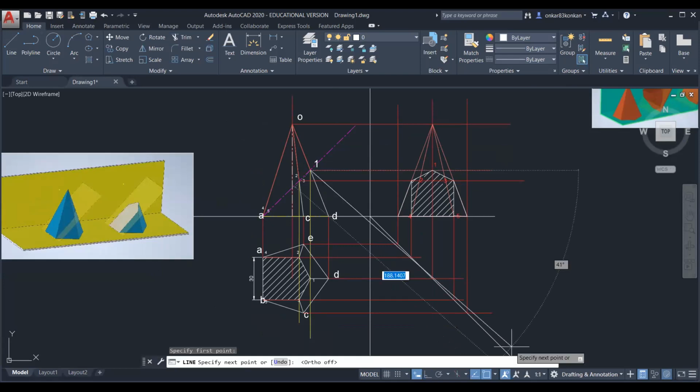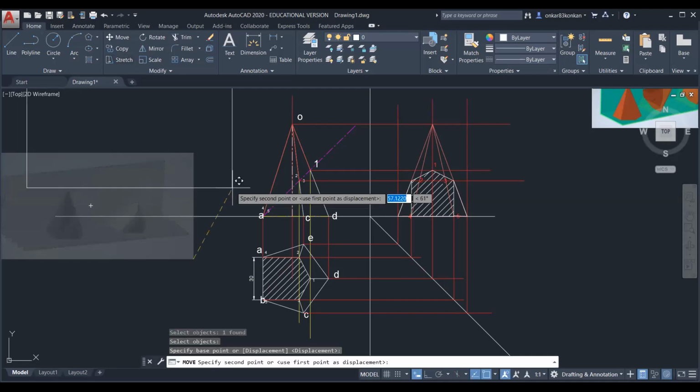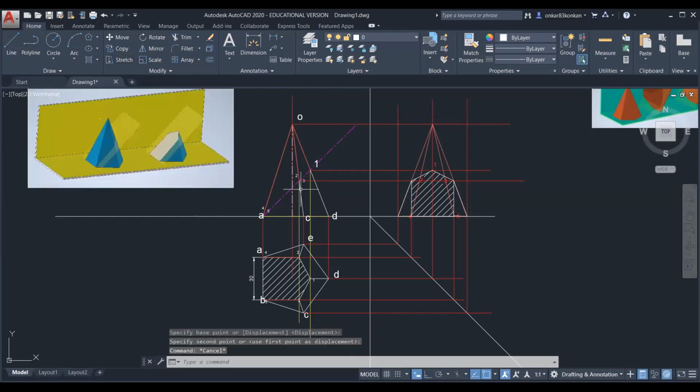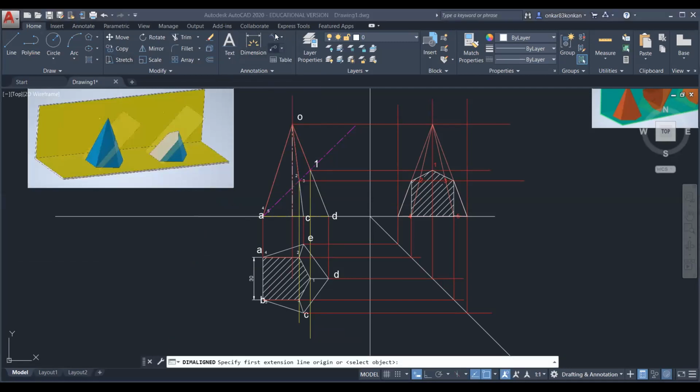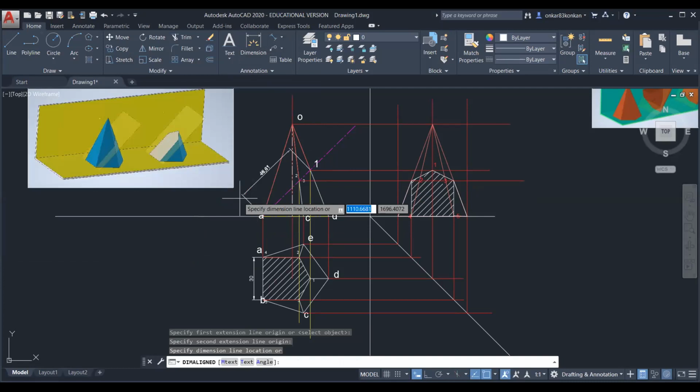Or you can draw the true shape by just measuring this distance 1 to 5. This is 46.61.